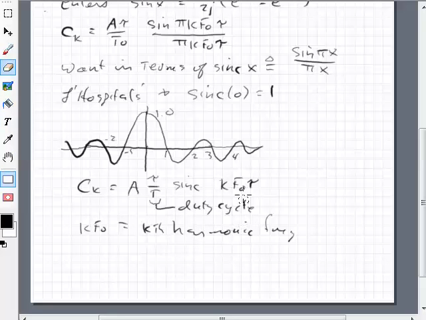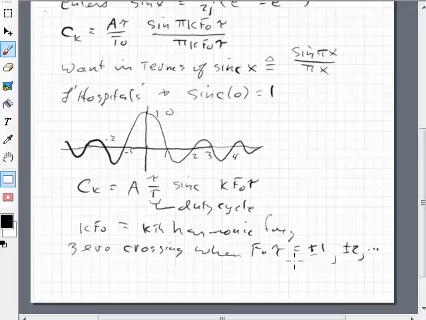All right, so whenever f naught tau is equal to an integer, k is already an integer, that's a place where the sinc function is going to cross zero. So we get zeros when f naught tau is equal to 1, plus or minus 1, plus or minus 2, etc. So that's going to be, or whenever f is equal to 1 over tau, this first zero crossing.